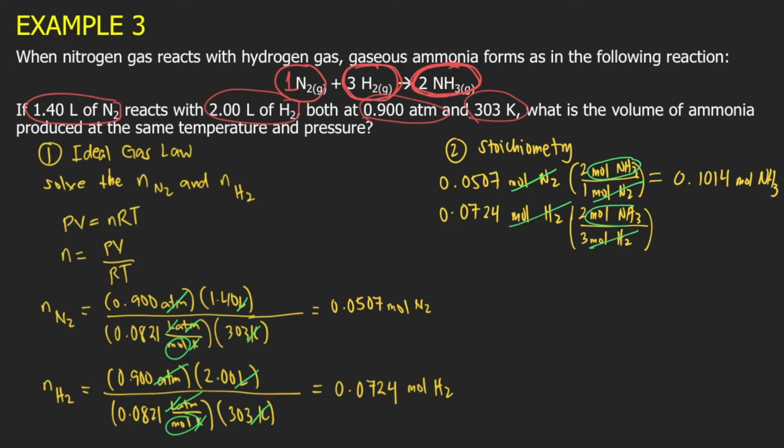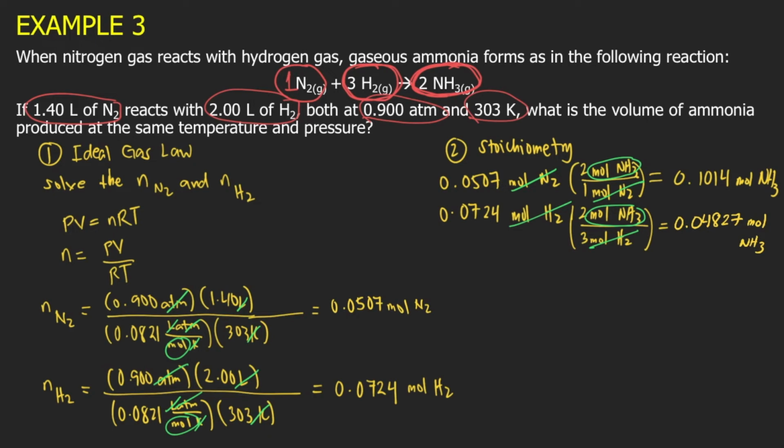Now we have moles of NH3. And if you solve this, 0.0724 times 2 divided by 3, this is approximately equal to 0.04827 moles of NH3.